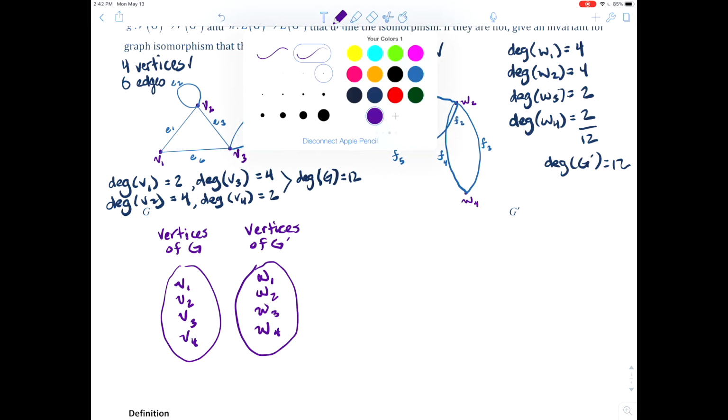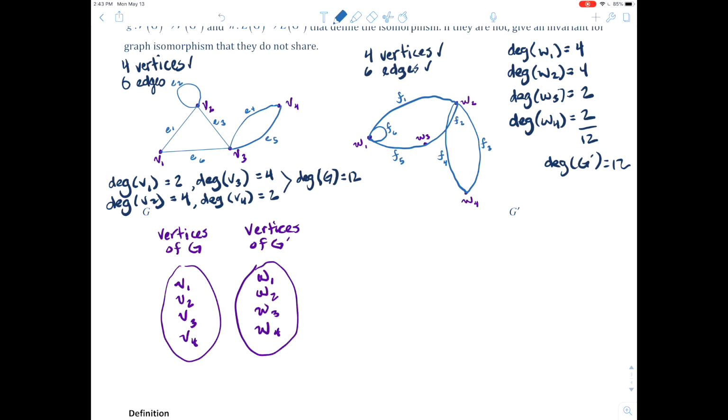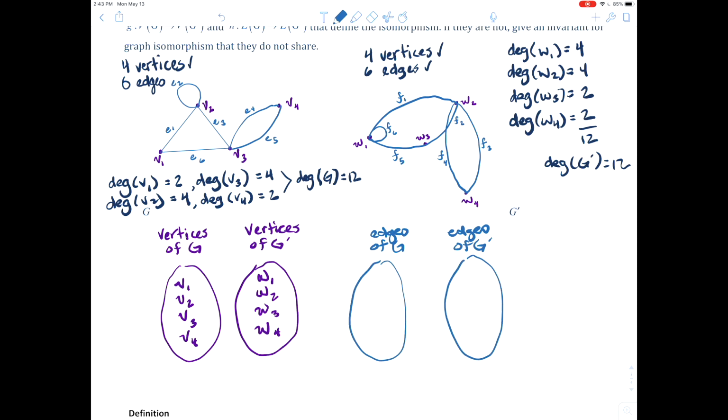Now, let's go ahead and set up for the edges. So the edges of G, the edges of G prime. So the first one has E's, E1, E2, E3, E4, E5, and E6.